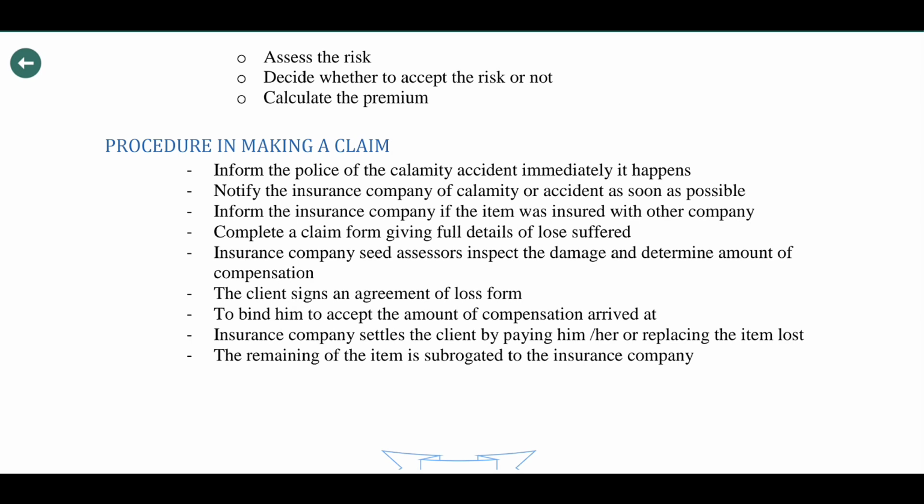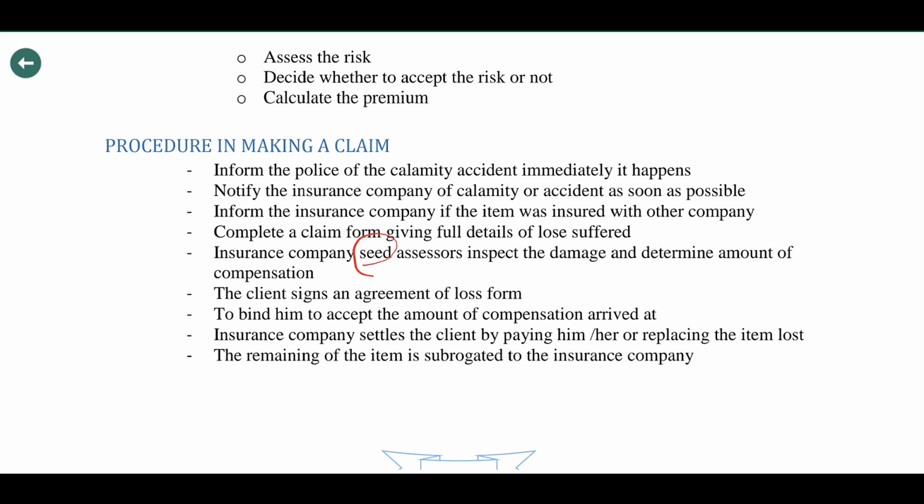Okay? So you need to inform the insurance company if the item was also insured with another company, if more than one insurance company is involved. Complete a claim form giving full details of the loss suffered. Okay? The insurance company assessors will inspect the damage and determine the amount to be compensated.